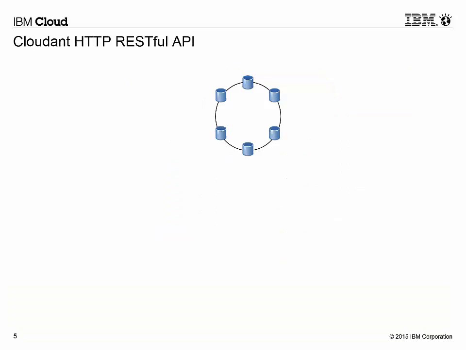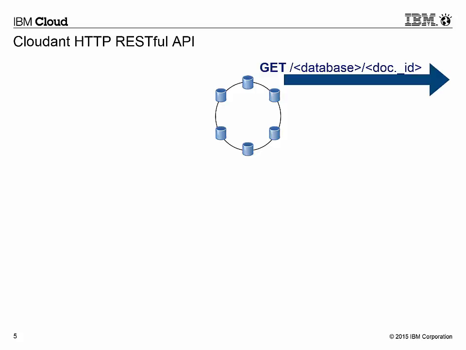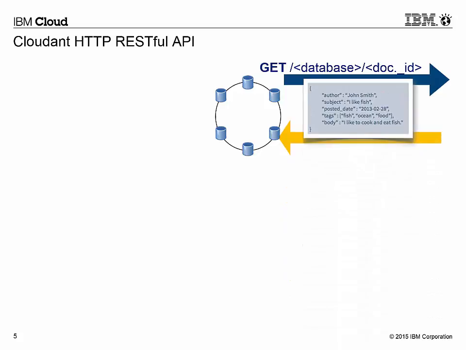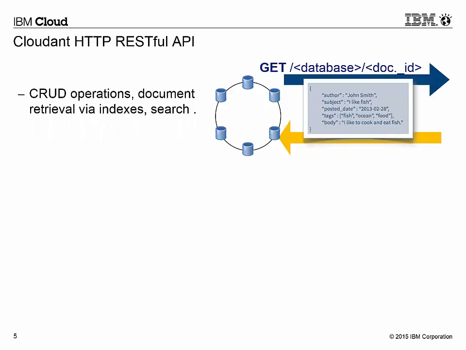The Cloudant interface or programming interface is via an HTTP RESTful API. And here's an example of a typical call where I can get a particular document by its ID. And we'll actually talk more about this in a few more slides. So the API supports your normal CRUD operations, so creating, retrieving, updating, and deleting documents, as well as retrieving documents via customized searches.